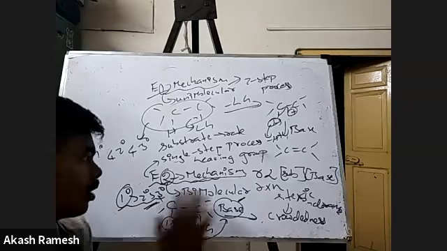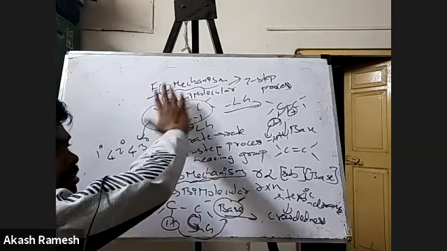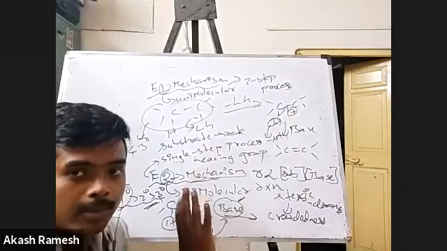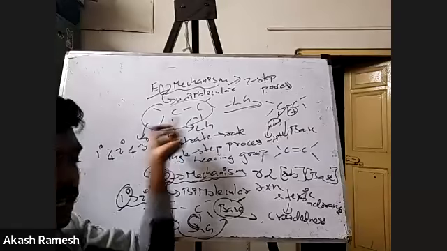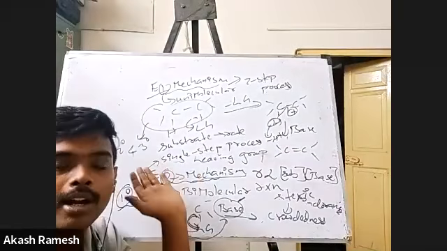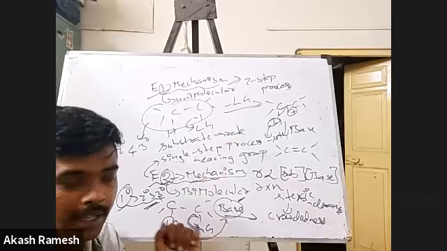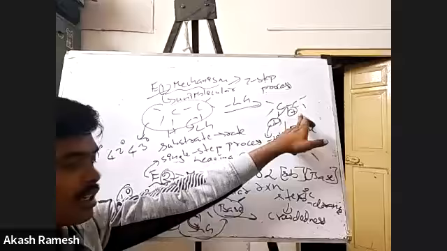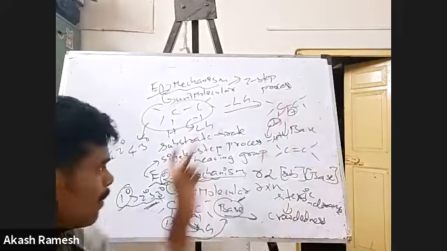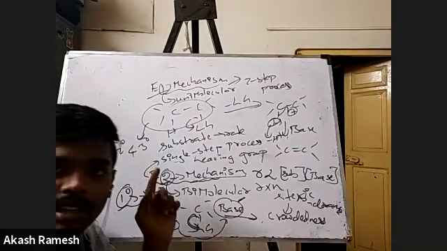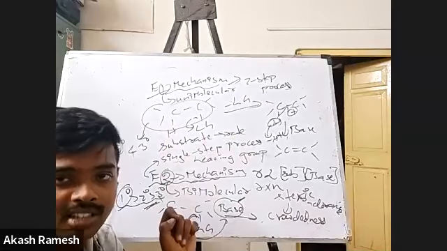Okay, fine. So in E1 mechanism, what you see is there is a carbocation. Based on the substrate only, I will be able to decide whether that undergoes E1 or E2 mechanism. Right. So in E1, a carbocation is formed. Now, obviously, among primary, secondary, and tertiary cases, tertiary carbocation is very stable.